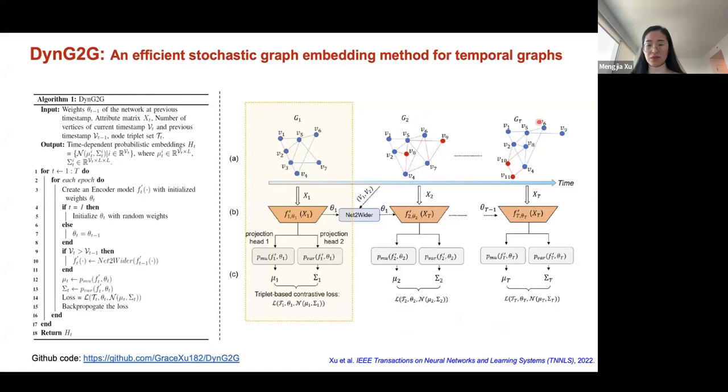Continuously, we learn a temporal triplet-based contrastive loss here. This is a kind of similar to a recurrent neural network, but it's more efficient compared to that.